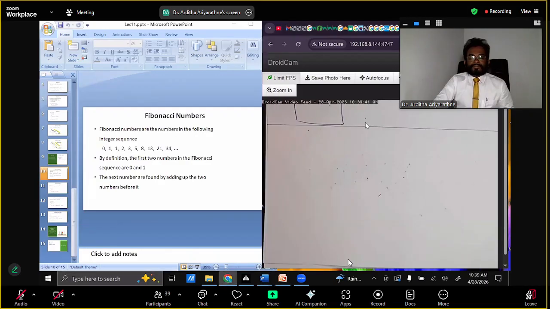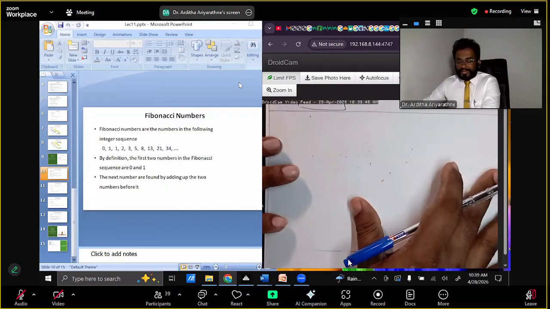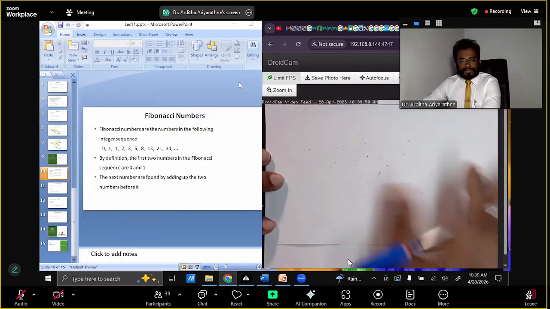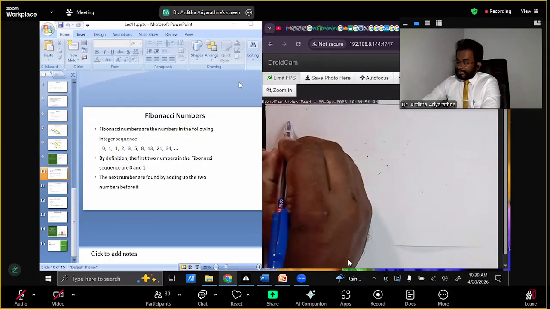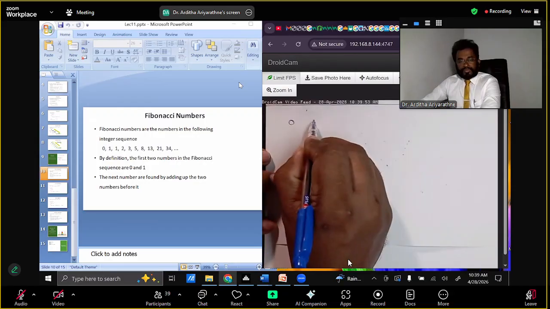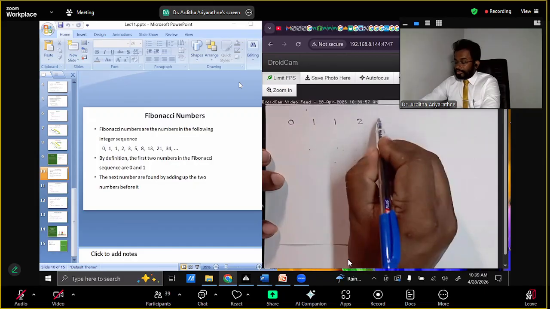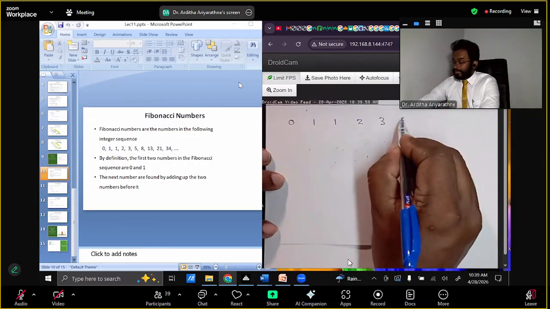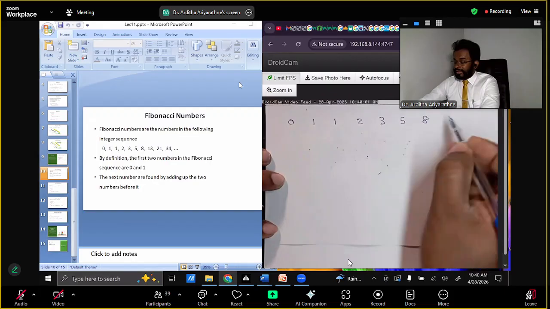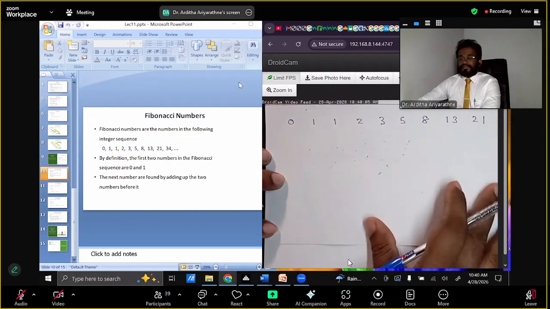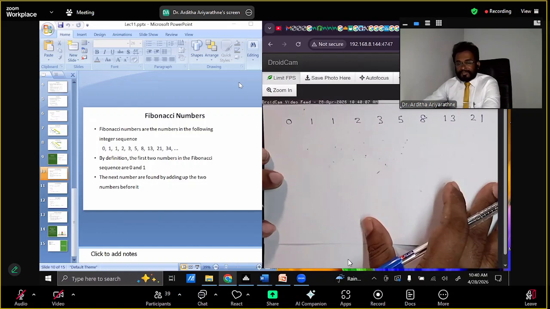Here, what is this Fibonacci? Fibonacci is a series of numbers. Here, just like this: 0, 1, 1, 2, 3, 5, 8, 13, 21, likewise. This is a Fibonacci series.